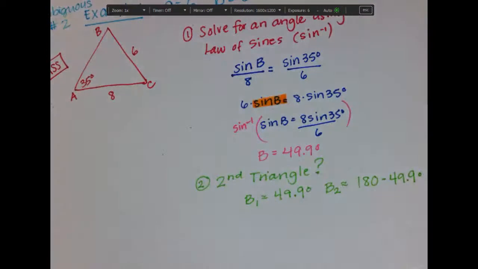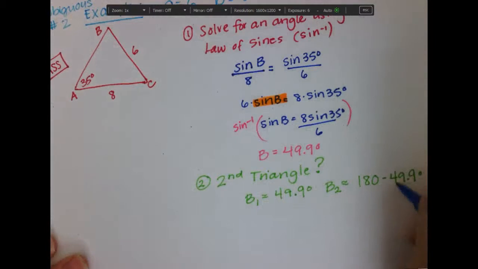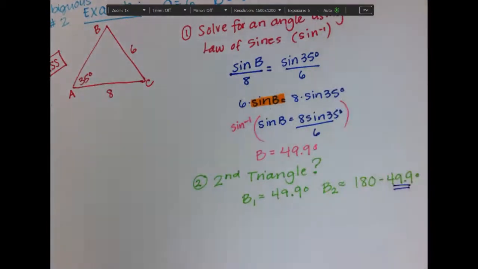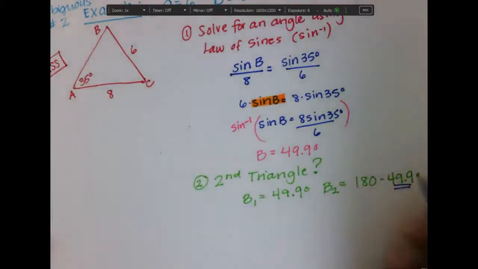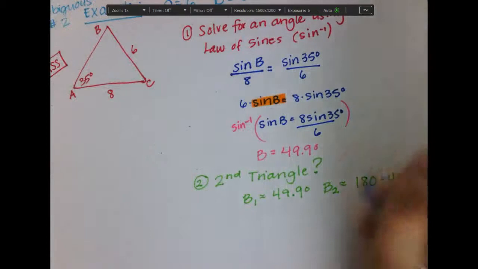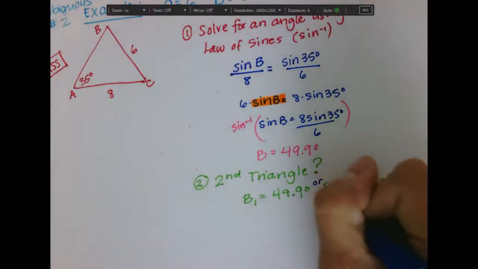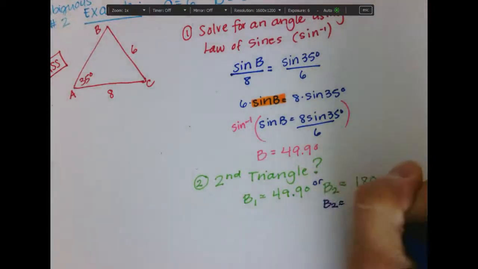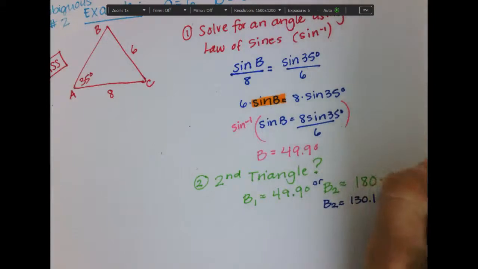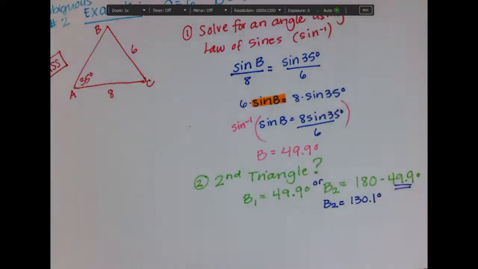So we find the alternate angle possibility by always taking 180 and subtracting the angle that you find. So we have B1 as 49.9 degrees, or another triangle could have that same angle with an obtuse measure of 130 degrees.